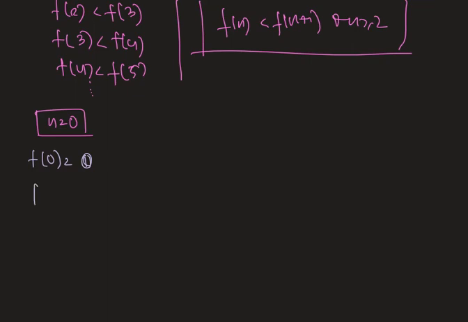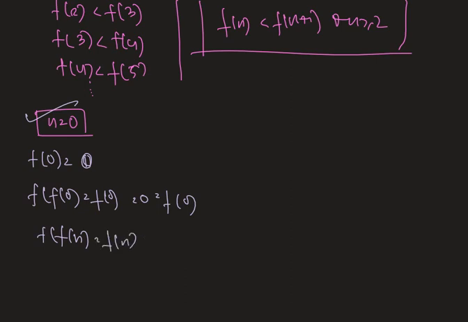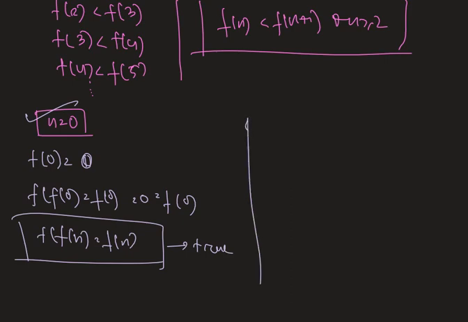Therefore f(f(0)) is also f(0), which results in 0, and this is equal to f(0). So for n = 0, f(f(n)) = f(n) is true. Therefore one of the 4 non-negative integers is 0.